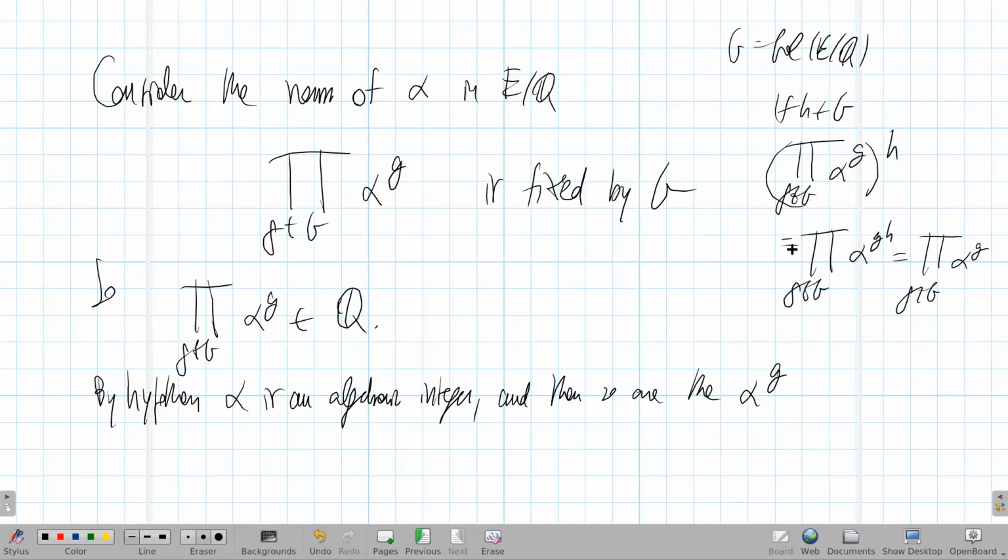It's more or less the same argument we had to say that a root of unity is also sent to a root of unity by an element of the group, because saying that alpha is an algebraic integer means that alpha is a root of a monic polynomial with integer coefficients. When you apply an element of the Galois group, you obtain that alpha to the G is a root of exactly the same polynomial, because the coefficients are integers, hence rational, and so they stay fixed, okay? So these are all algebraic integers, so this product is an algebraic integer.